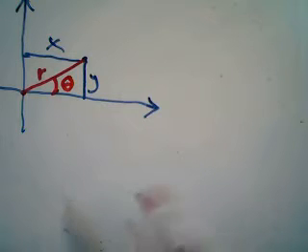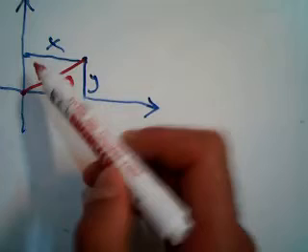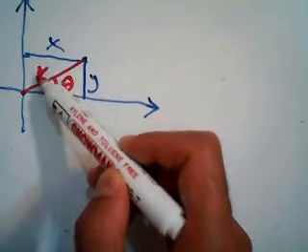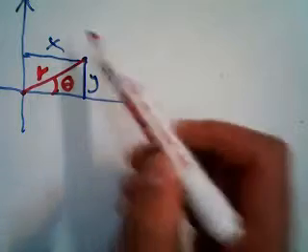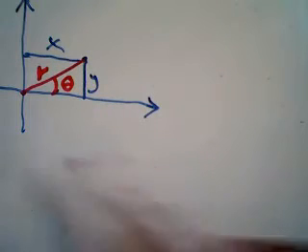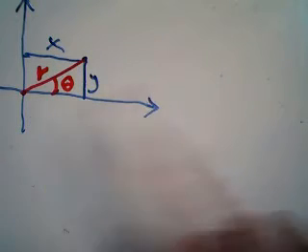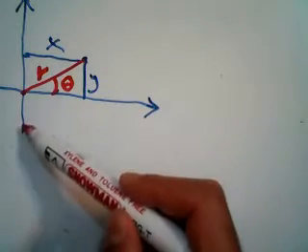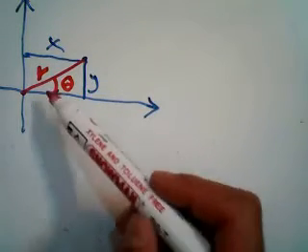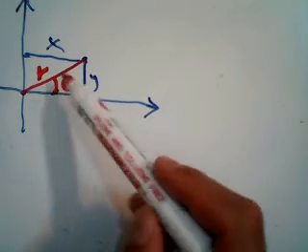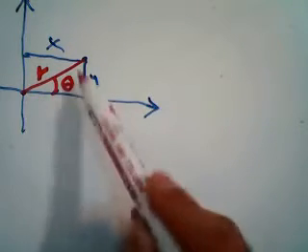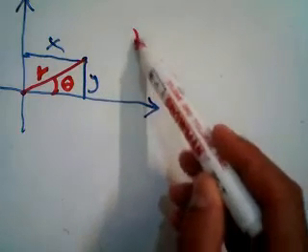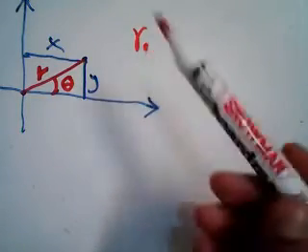And each point has a distance from the origin, or the pole. Okay, but how many points have the same distance from the origin, the same distance r, say, or r0?